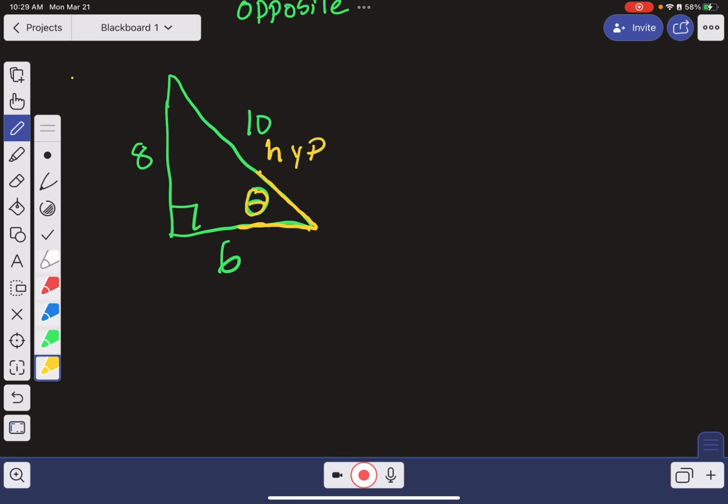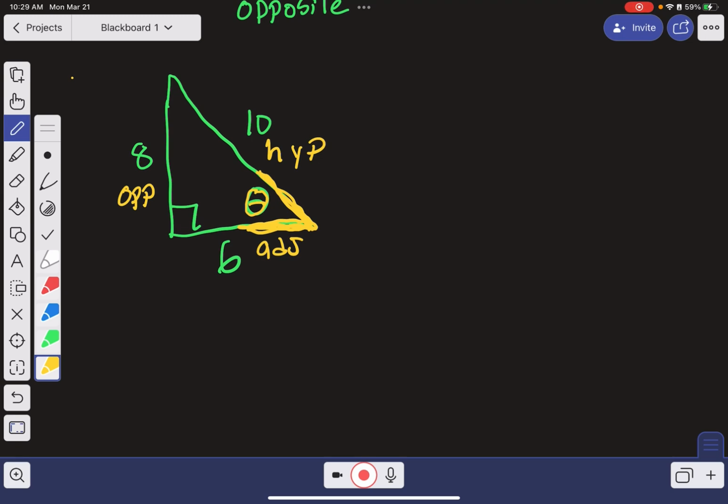That must mean that this side is the adjacent side. So 6 in this case is the adjacent side because it makes up our given angle with the hypotenuse. That leaves the 8 to be the length of the opposite side.